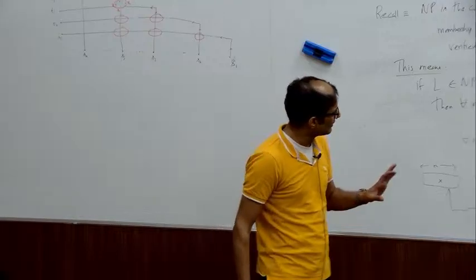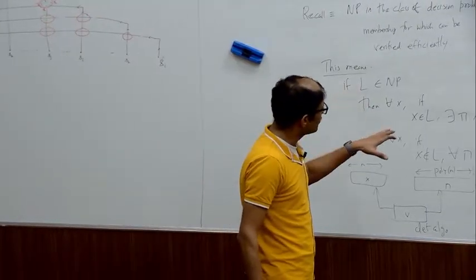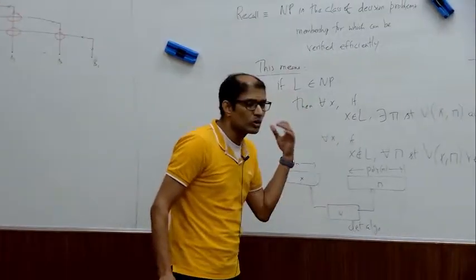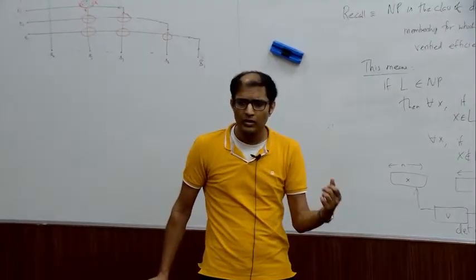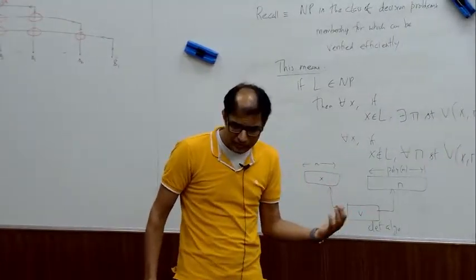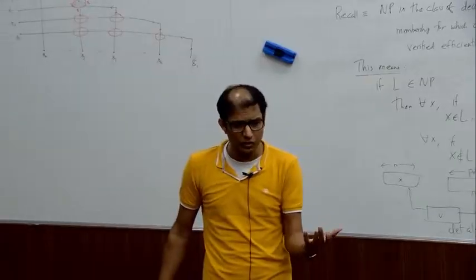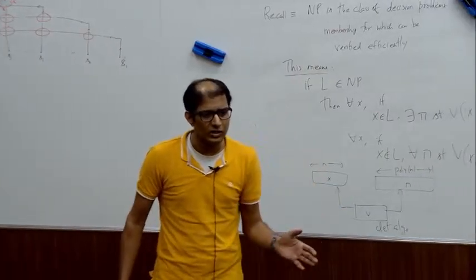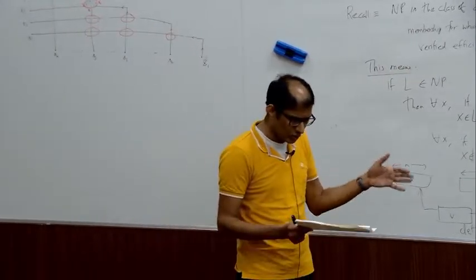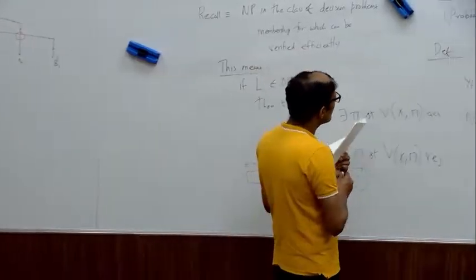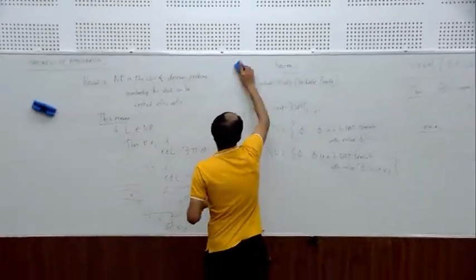That's the classic view of the class NP in the prover-verifier language. It turns out that this prover-verifier language is precisely the language that I will use to restate the PCP theorem in a different way, to state view 2 of the PCP theorem.